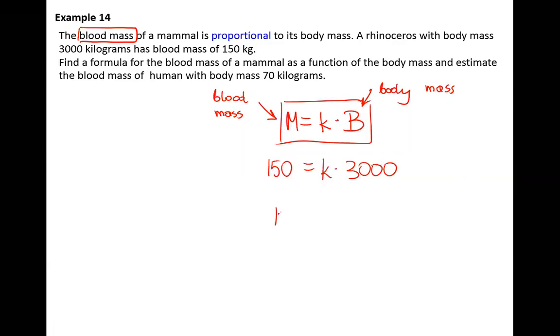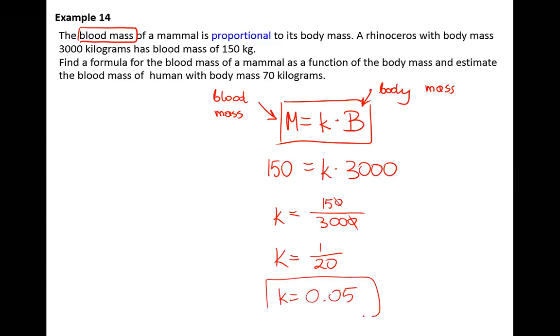Now dividing both sides by 3,000, I am getting this coefficient. 150 divided by 3,000 is 1/20, which I believe is 0.05. This is my coefficient of the directly proportional function, the constant coefficient K.